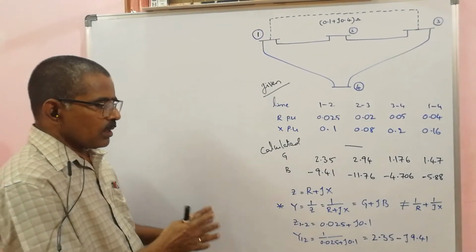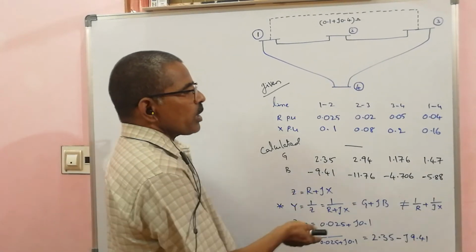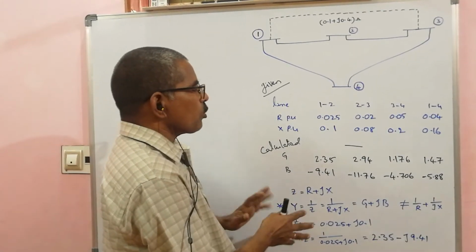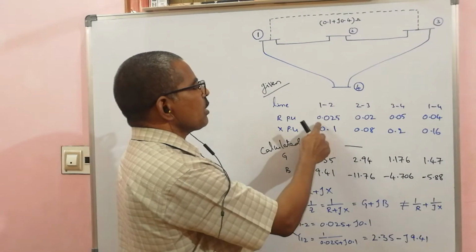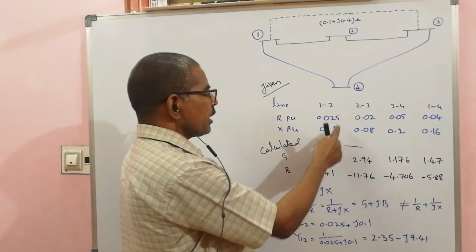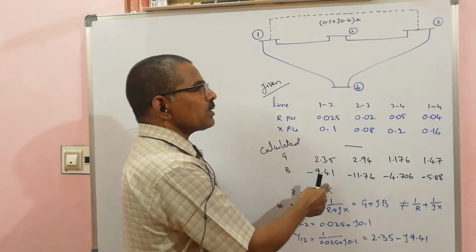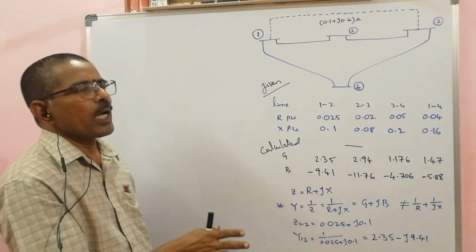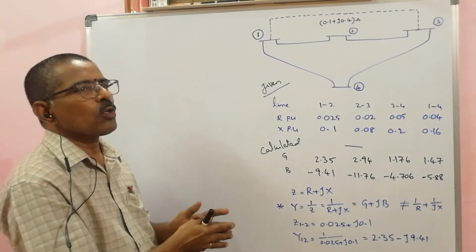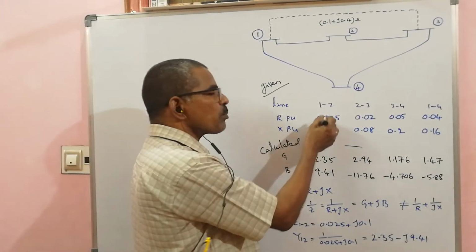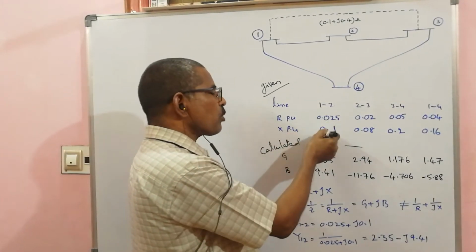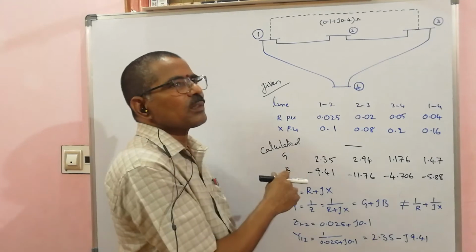But normally many students, knowingly or unknowingly, do this: R is given, X is given, 1 by 0.025 they write as G, 1 by 0.1 they write as B, which is absolutely wrong. You should never do that. You cannot take individual reciprocals; that is not the admittance.